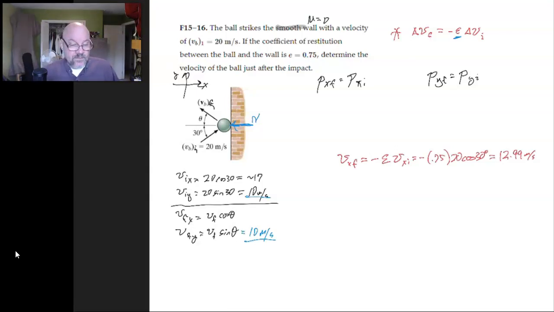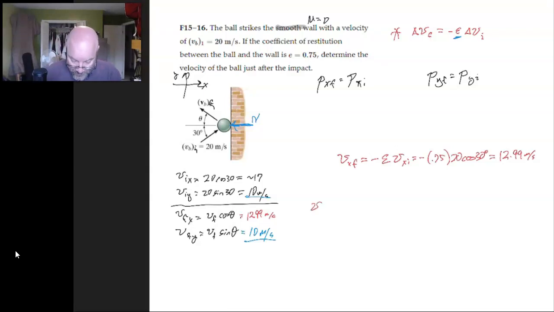All right, so now I've got Vx and I've got Vy. Let me go ahead and write this over here just so it looks good. Now I need to find the magnitude and I need to find the angle, and I'll let you take it from there. That's pretty easy to do.